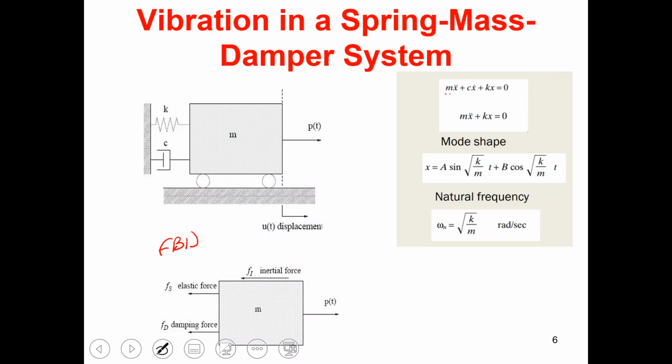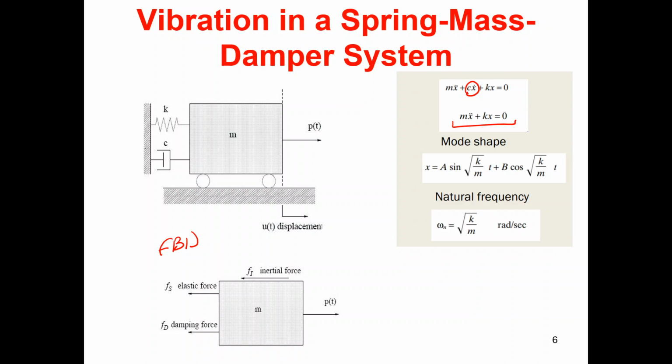Okay, and if you assume that you don't have a damped vibration, then this term will vanish and you will get this as your main equation. But what will your mode shape look like? Your mode shape is going to look like this.